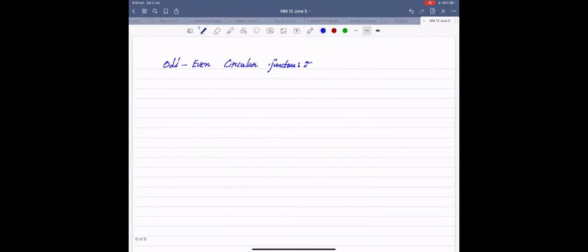Odd functions. What are those functions? Sin x is an odd function. Tan x is an odd function.